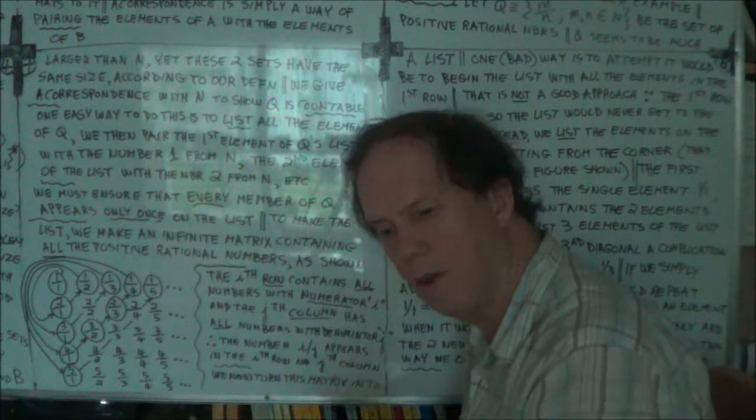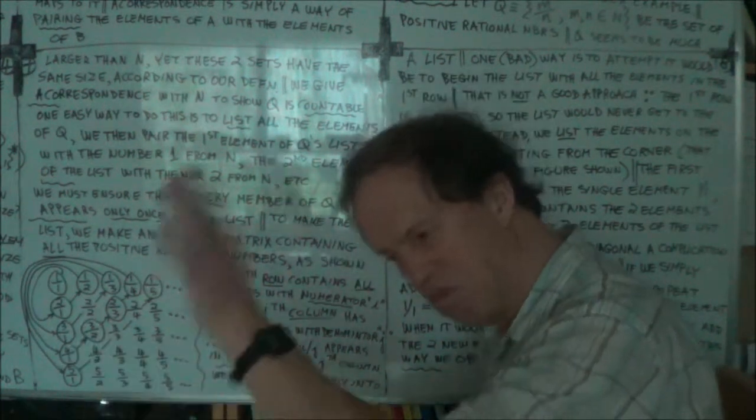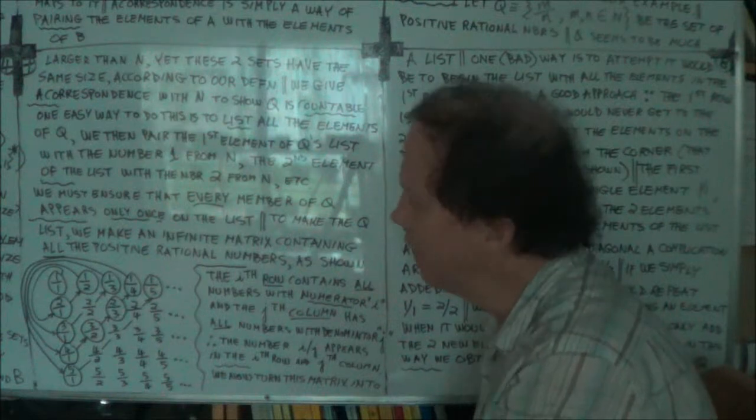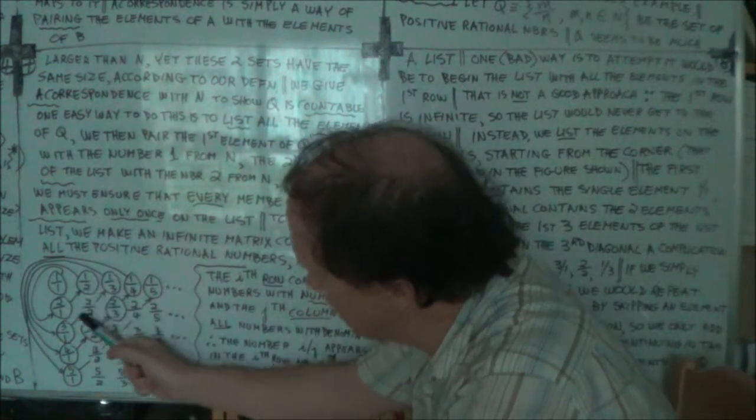And if that element you're about to add is a repeat, don't add it. Okay? So that's why this one here is not circled.